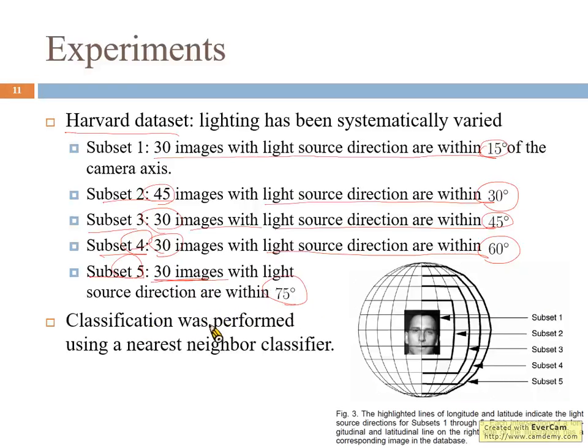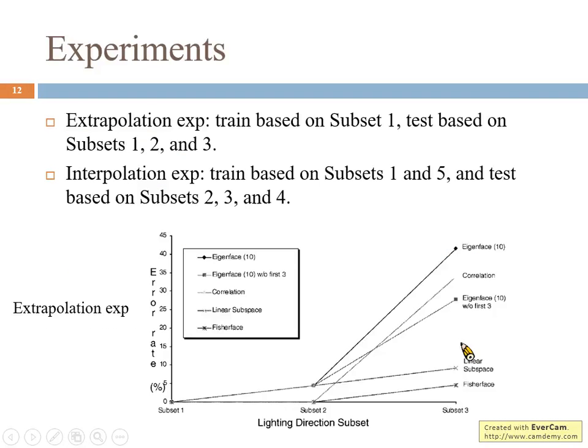And then classification was performed using just a nearest neighbor classifier. These are sample images to show the direction of the light source. And they designed several experiments. The first one is the extrapolation experiment. That means they train based on subset 1 and then test based on subsets 1, 2, and 3.